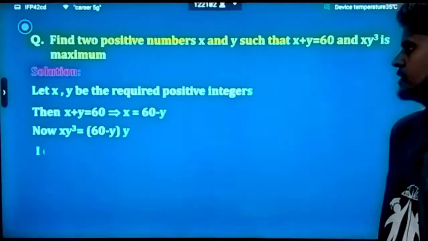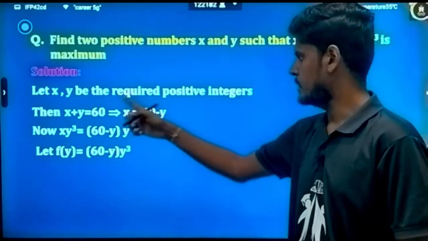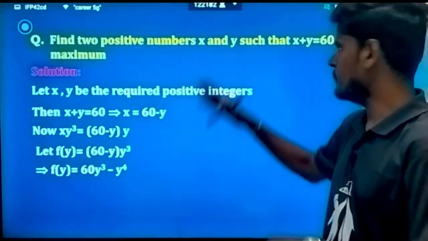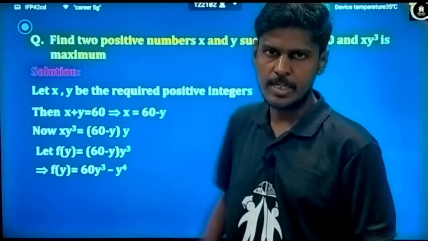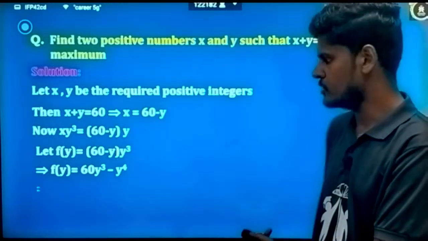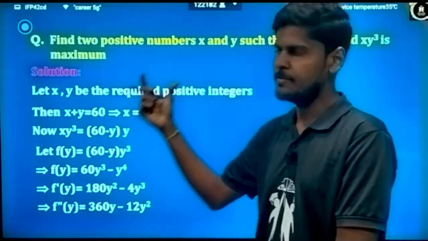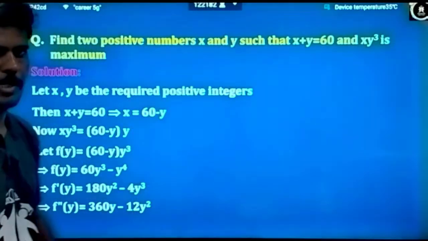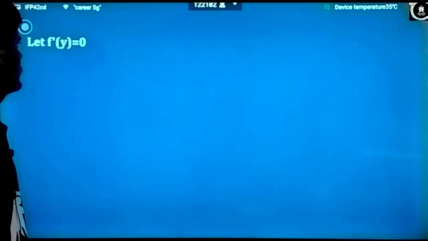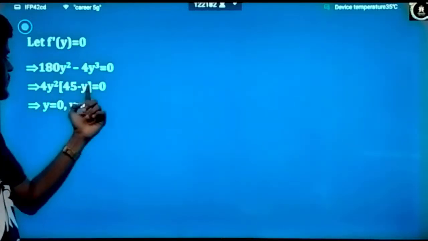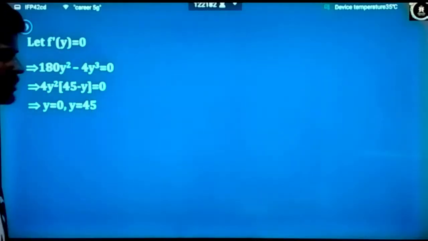So for the two positive numbers, we take x plus y is 60, means x equal to 60 minus y. For the same question, we can also replace y in terms of x and again solve. f dash of x equal to 0 and use the same procedure. But for that, we need to simplify f of x first because it will be a cubic equation. f dash equal to 0 means we get 4y square into 45 minus y equal to 0.